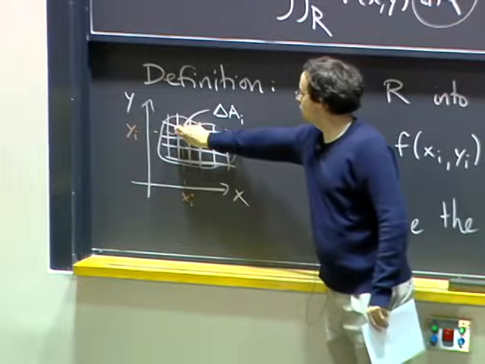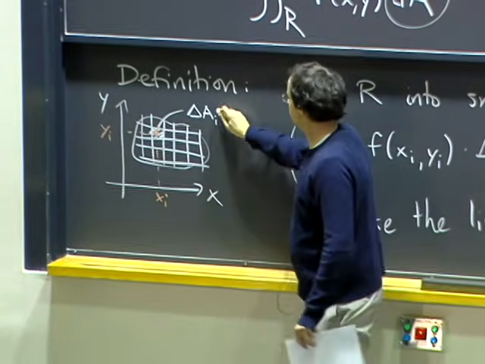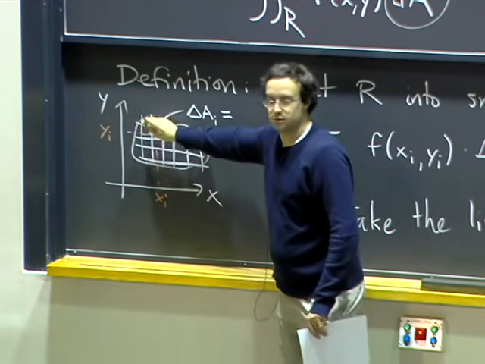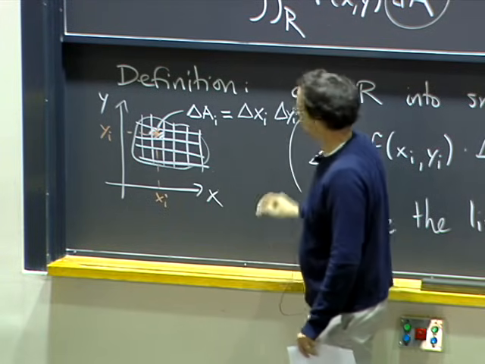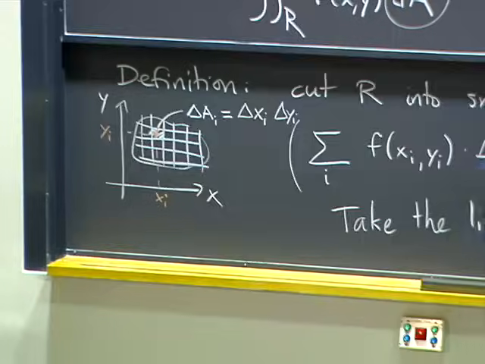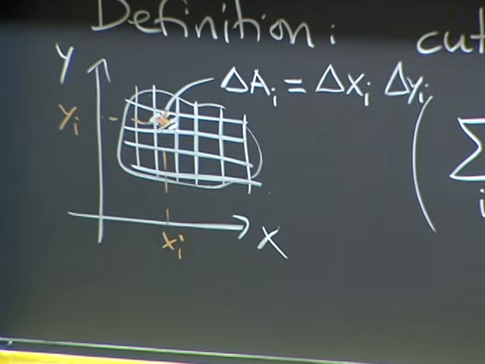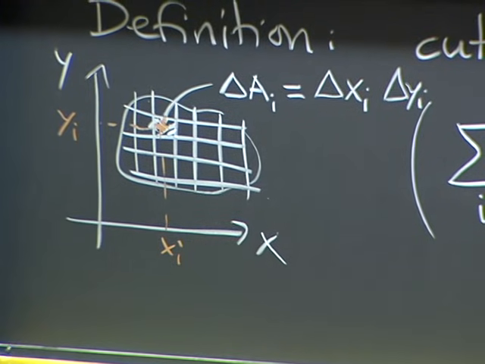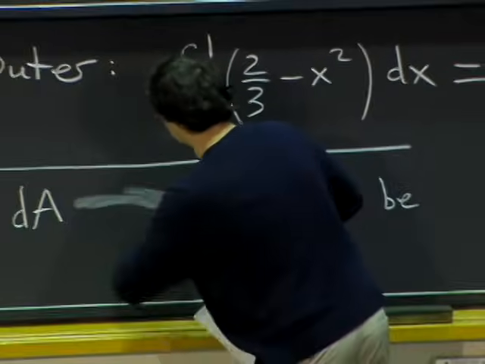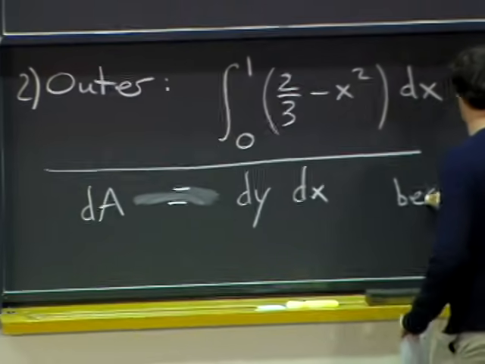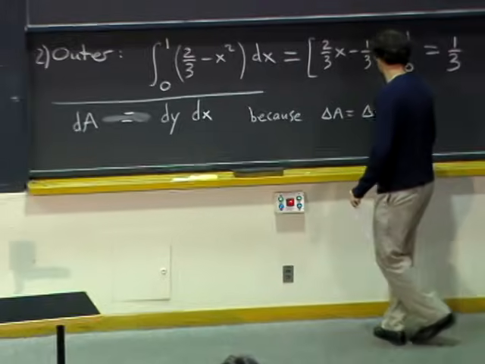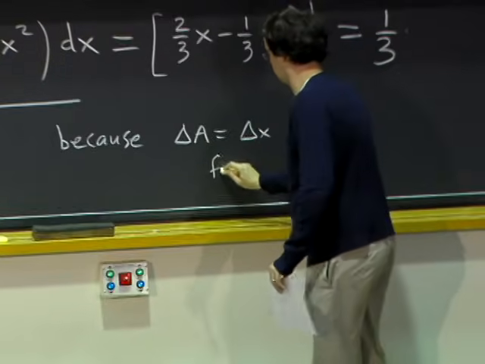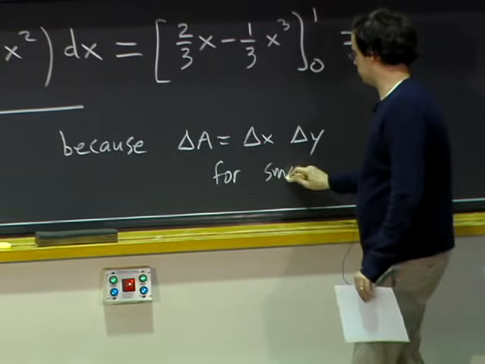Now what's the area of this small rectangle here? Well, it's the product of its width times its height, so that's delta x times delta y. So delta A equals delta x delta y, and actually it's not just that it becomes, it's really equal for the small rectangles.